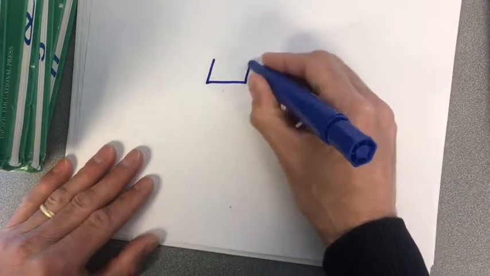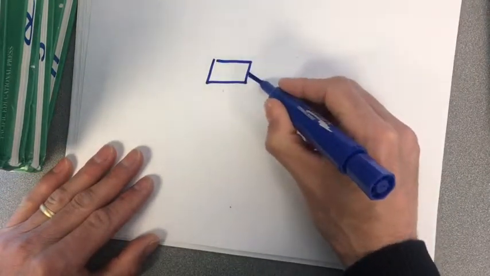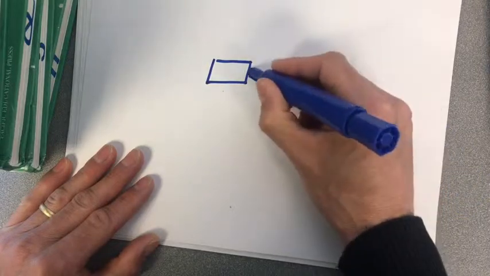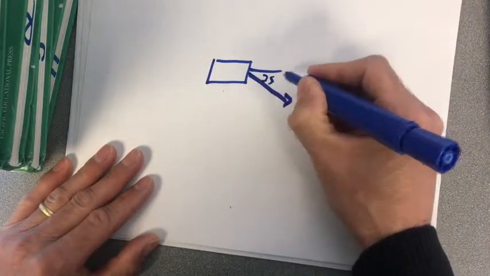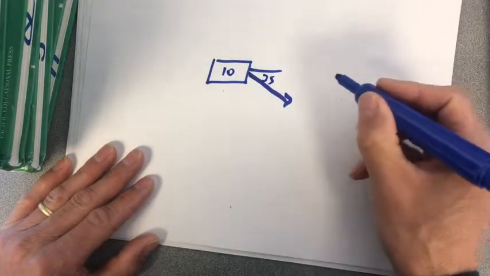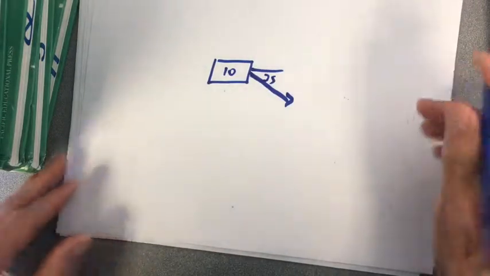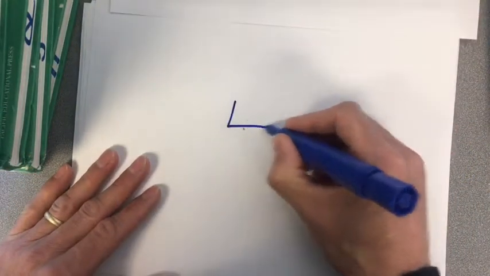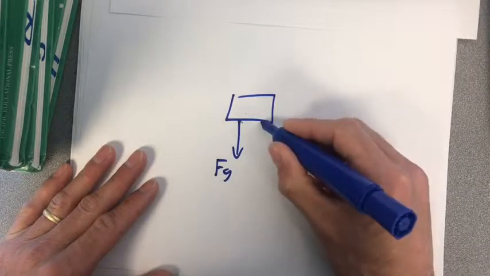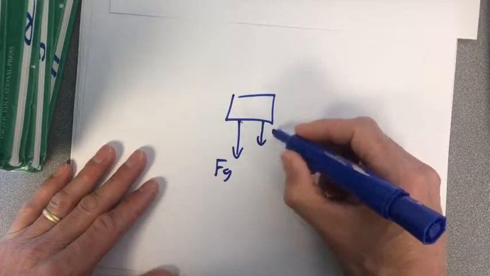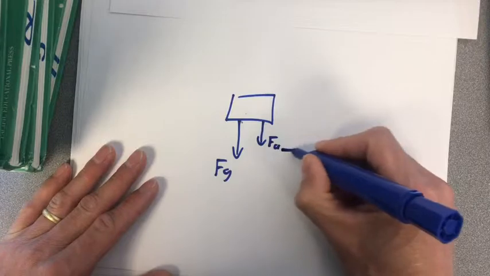Now consider a case where we're pulling downward on the block. So let's say we're pulling downward at an angle of 25 degrees. We still have our 10 kilogram block. So in my free body diagram, I now have a force of gravity pulling it down. I have a perpendicular component of my applied force.